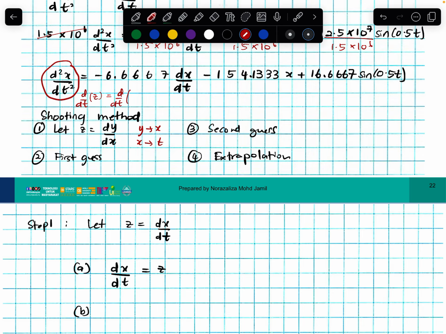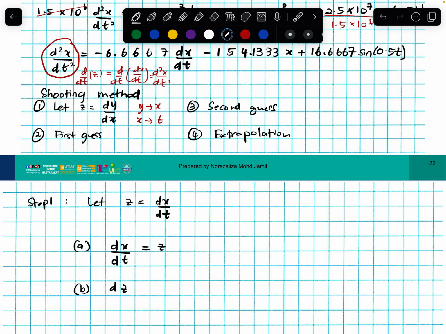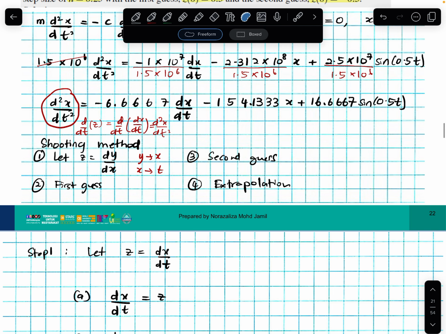Let's substitute z. z is dx/dt. So when you calculate, d d means d squared, dt dt is dt squared. This is the same. So d²x/dt² can be replaced by dz/dt. On the right hand side, you just need to copy what it is. It's just the same thing.